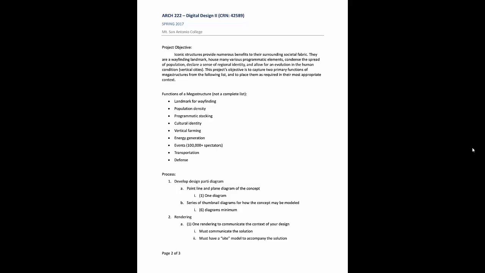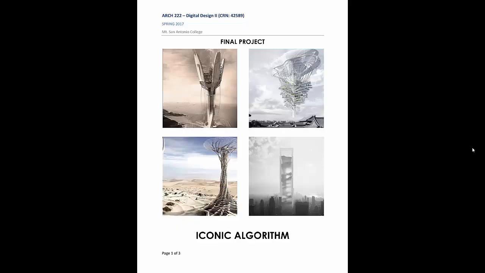So what are some of the functions of megastructures? The ones that I've listed out here, this is not a complete list. It's just a few things that we could possibly fathom as what a megastructure could do, right? It's a landmark for wayfinding. If you go back to these images, you will see these buildings from anywhere within like a 30-mile radius, which is approximately your sight line across the curvature of the Earth.